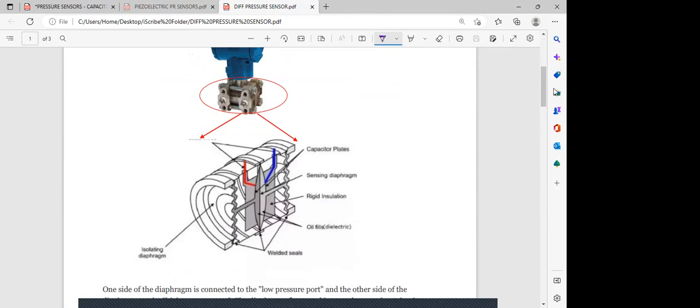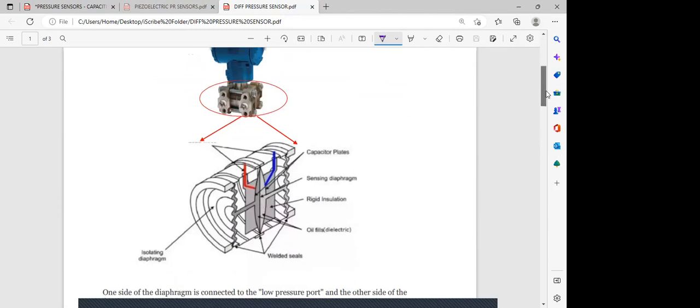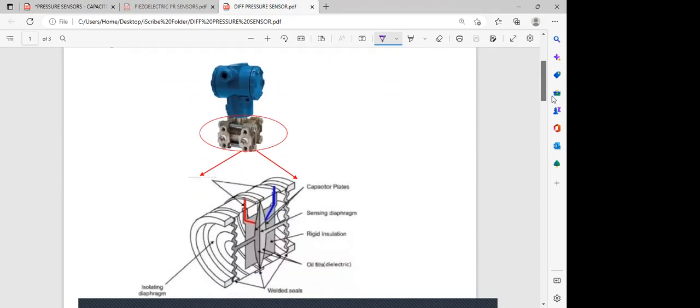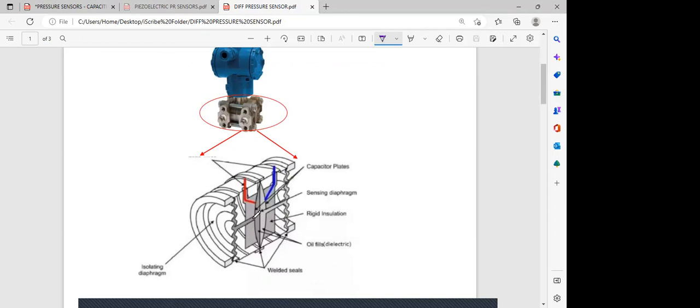That is going to be a flexible diaphragm, separating two capacitors, one capacitor on your left-hand side and one on your right-hand side. One wall of this capacitor is fixed, and the diaphragm is completing that particular capacitor.